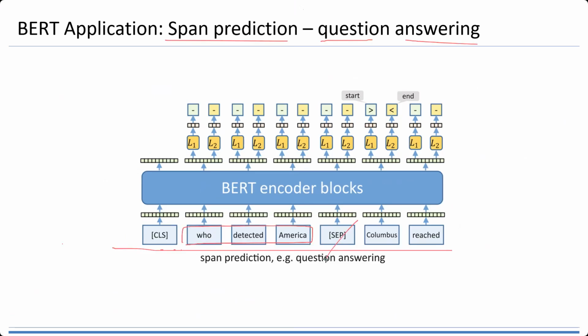Then we have a separator, and then the text with Columbus. We input this into the BERT encoder blocks, and for every input token, it can check whether it indicates the start or the end of the answer span, because this indicates an answer to the question.